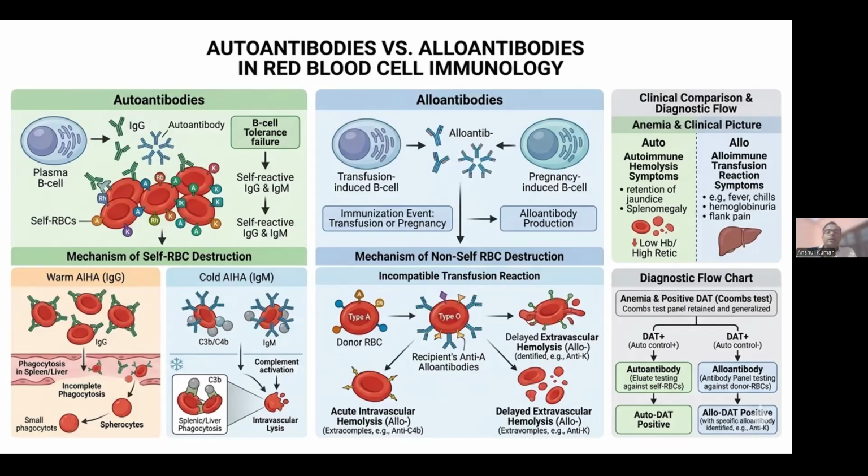Basically, when Rh positive blood cells pass from the fetus to the mother through the placenta, the immune system of the mother gets sensitized, because the Rh factor, a protein present on the blood cells of the fetus, is absent in the mother, so it is recognized as foreign.